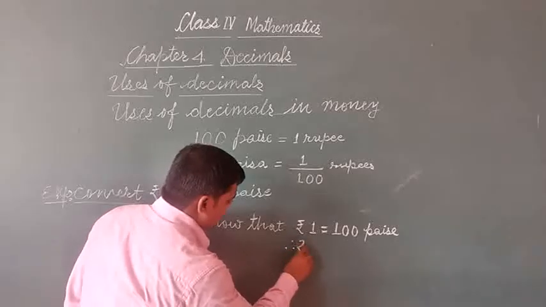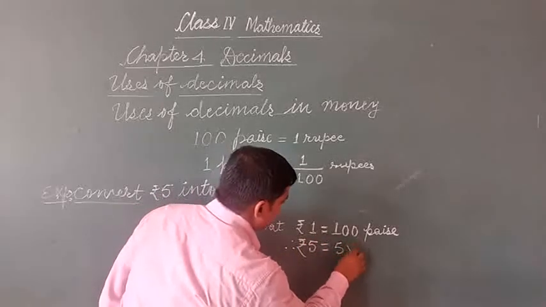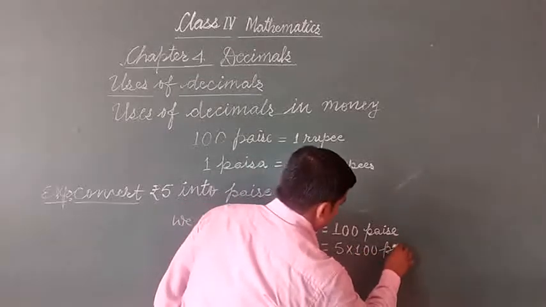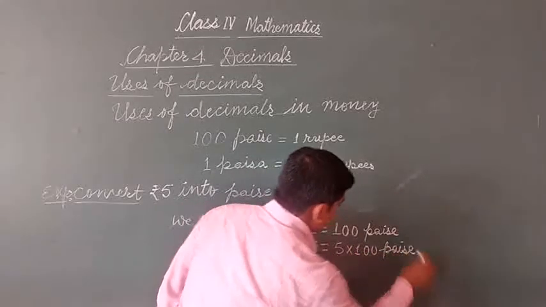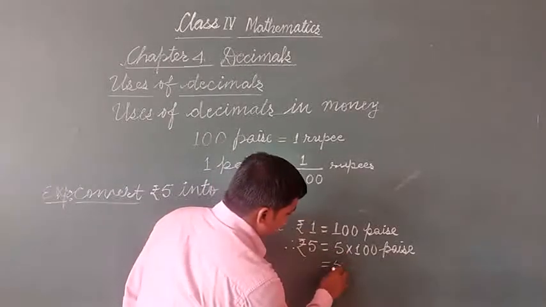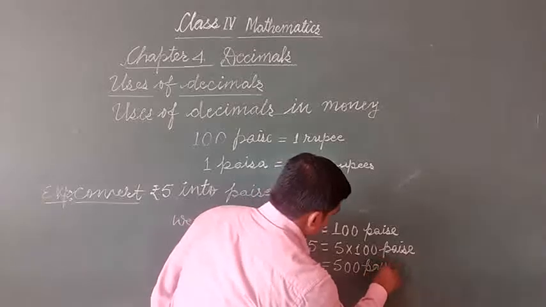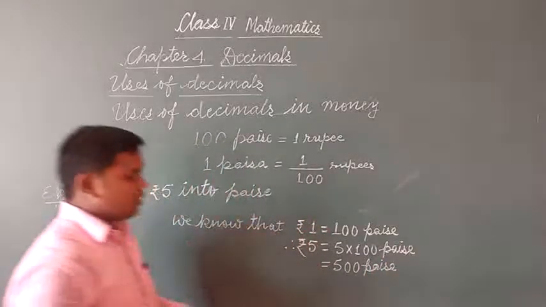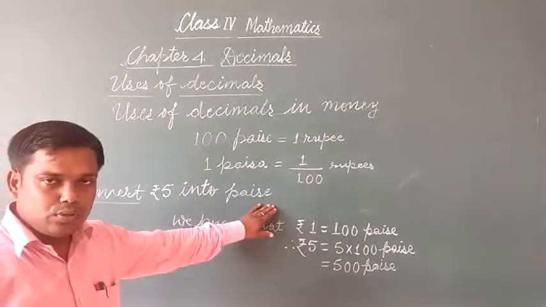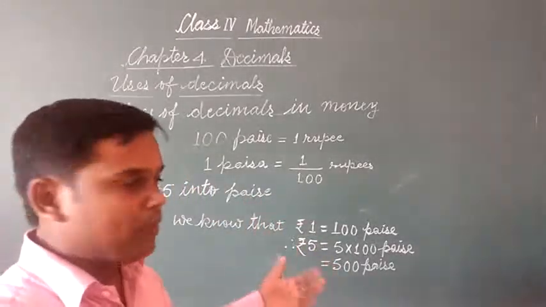Therefore, 5 rupees is equal to 5 into 100 paise. When you multiply 5 by 100, you will get 500 paise. Like this, you can convert rupees into paise or paise into rupees.